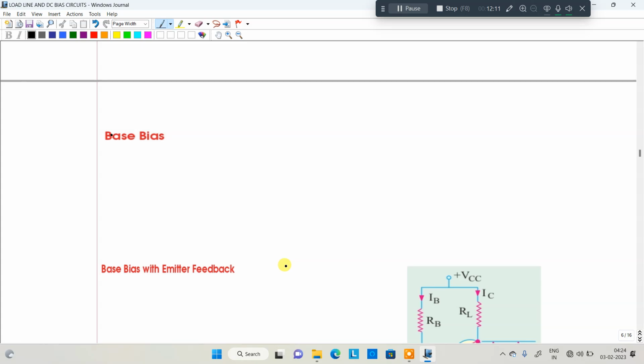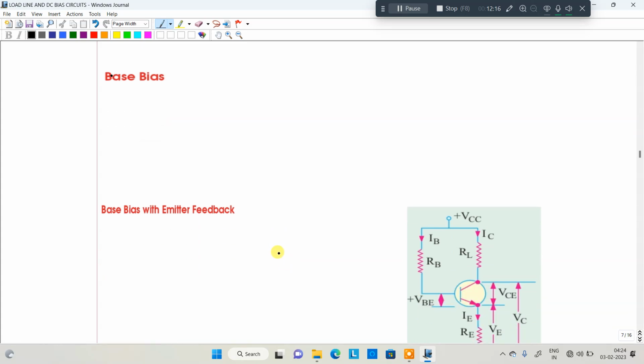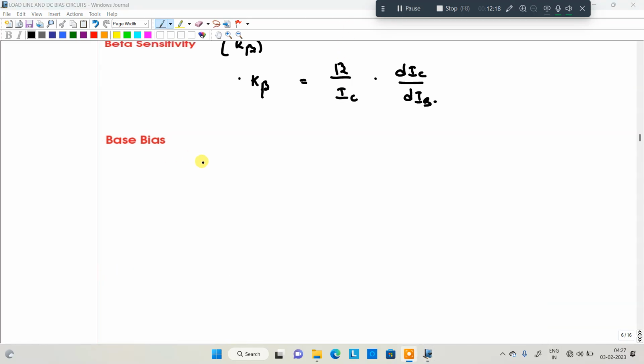Base bias. Look here. Base bias is simple, as we discussed in the previous class before the load line. This is RC, with the base resistance RB connected as feedback to the collector.